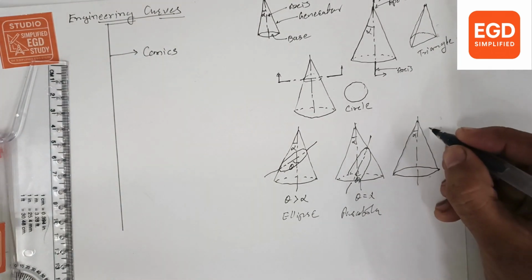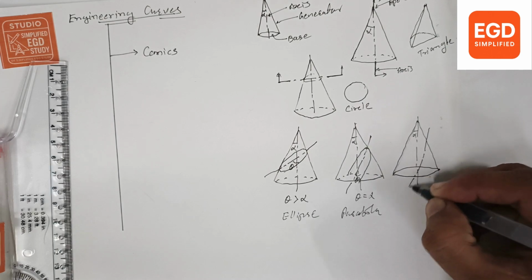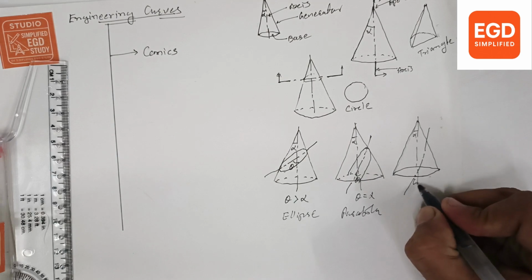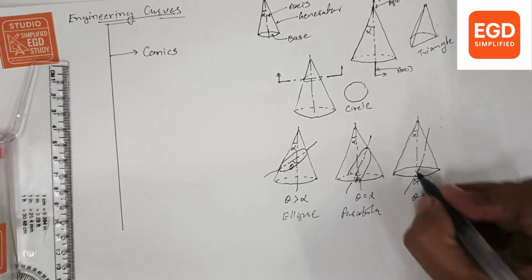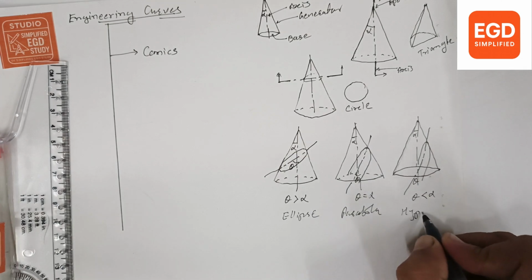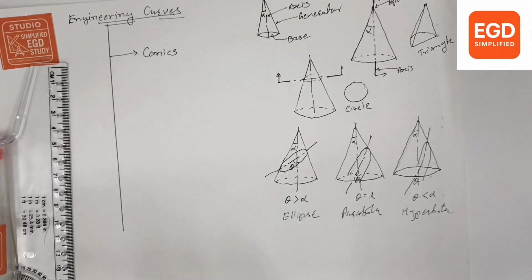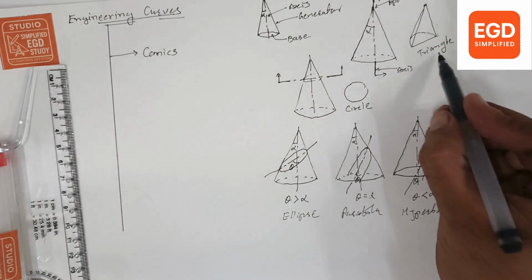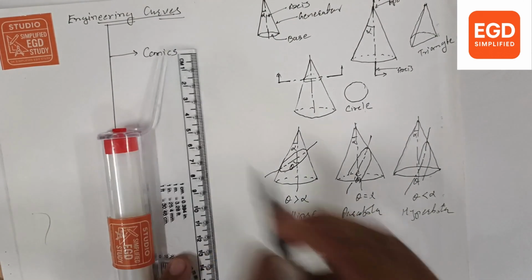And if your angle with the axis theta is less than alpha, then the entity generated is called a hyperbola.